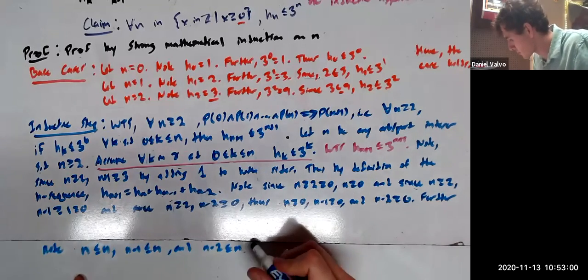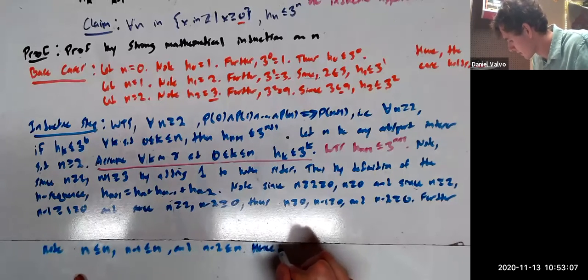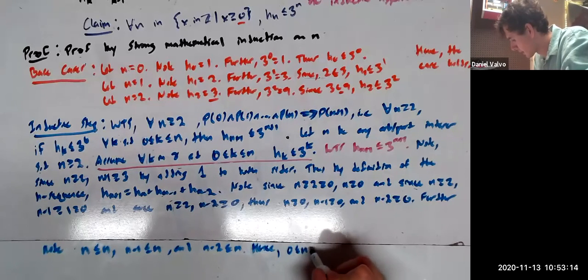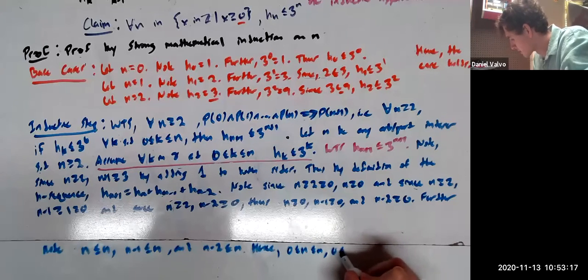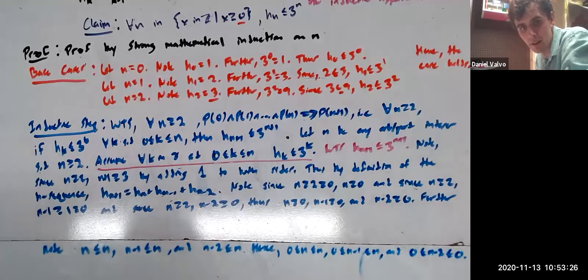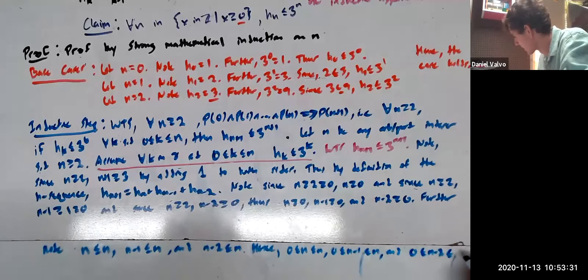Hence, we have that 0 is less than or equal to n, which is less than or equal to n; 0 is less than or equal to n minus 1, which is less than or equal to n; and 0 is less than or equal to n minus 2, which is less than or equal to n.